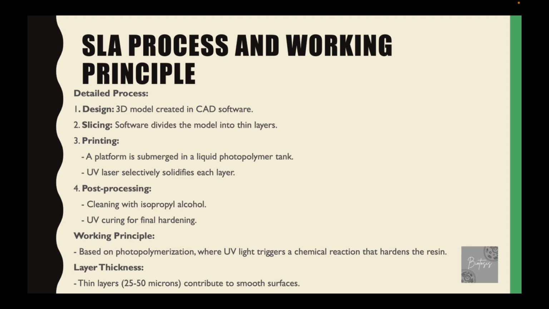The working principle is based on photopolymerization, where UV light triggers a chemical reaction that hardens the resin. These resins are similar to the resins we use in jewelry. Layer thickness is as thin as 25 to 50 microns, which contributes to smooth surfaces.